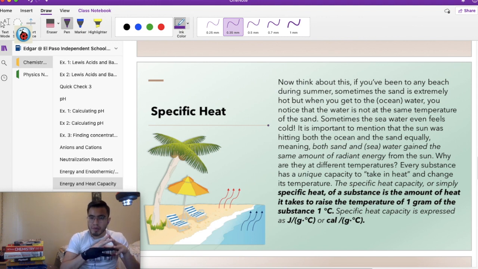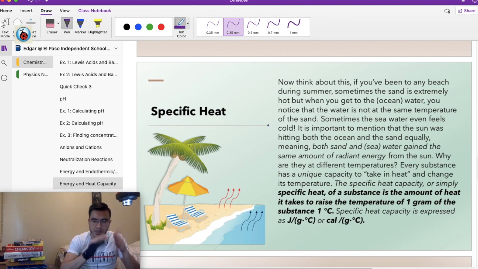The specific heat capacity, or simply specific heat, of a substance is the amount of heat it takes to raise the temperature of 1 gram of the substance 1 degree Celsius. The units are joules per gram times degree Celsius, or calorie per gram times degree Celsius. Don't worry about it. I'm going to explain where that comes from, okay?